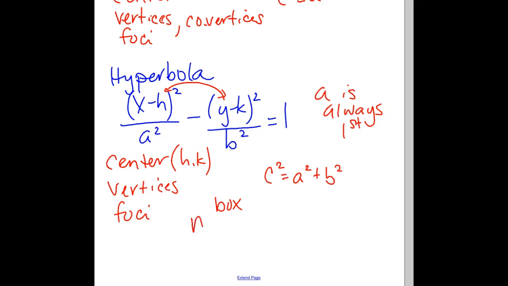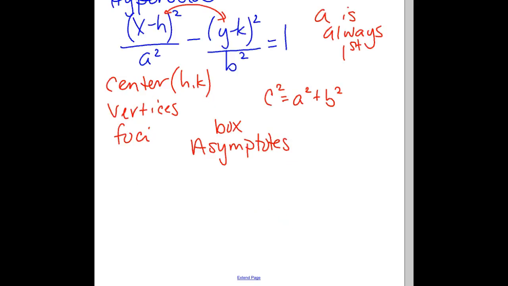Asymptotes. I would expect an equation for the asymptotes. Yes? So we have our y piece equals plus and minus, because one asymptote has a positive slope and one has a negative. And then whatever the slope is times our x piece, right?